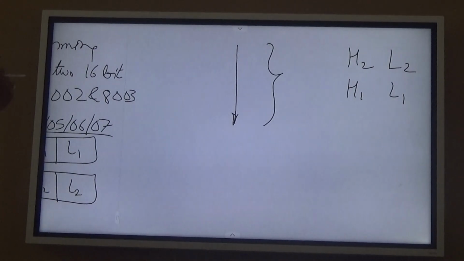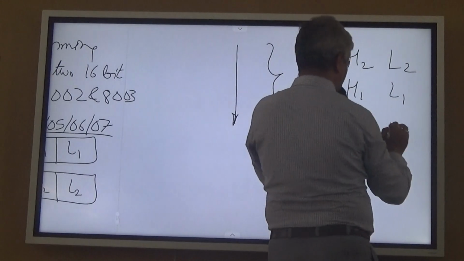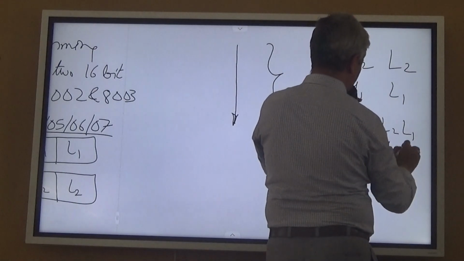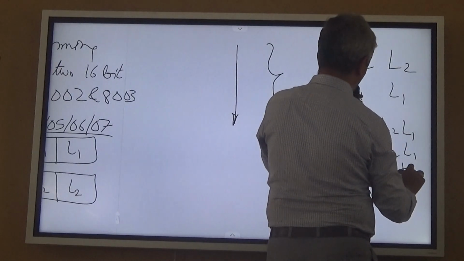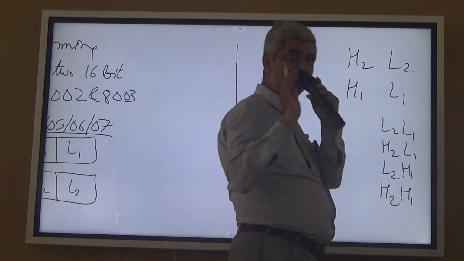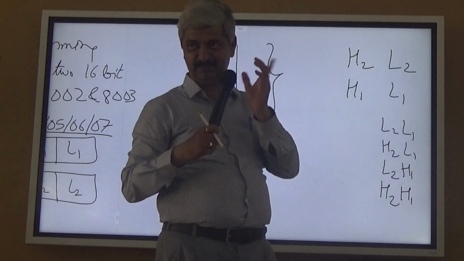So how to perform? Each of them is a 16-bit number. L1, L2, H2, L1, H1, L2, H2, H1. So there are 4 16-bit numbers with you.